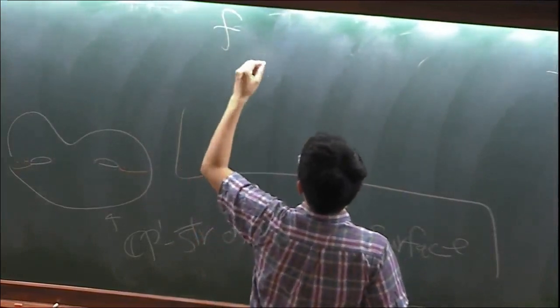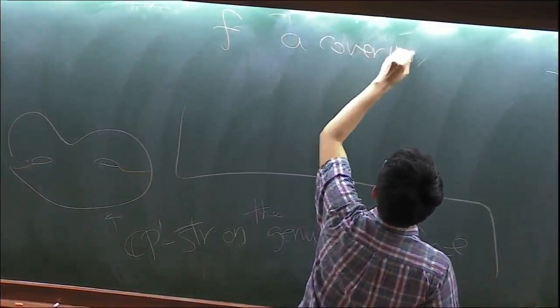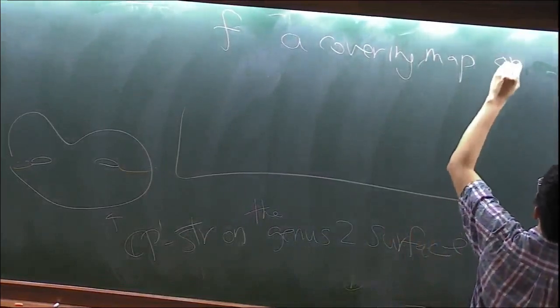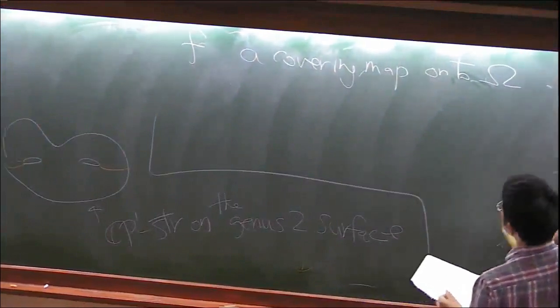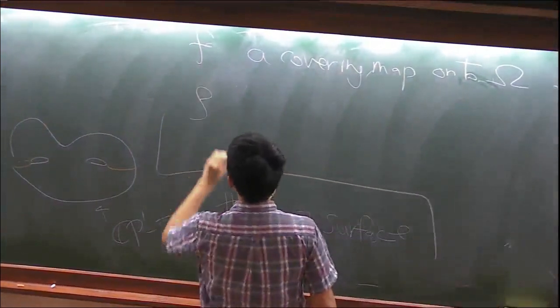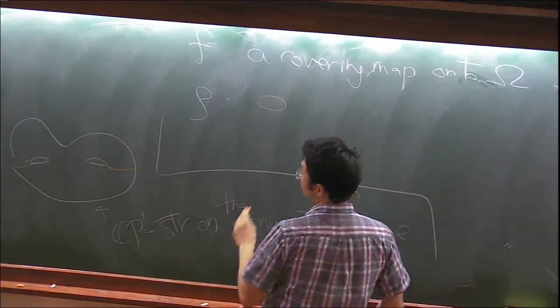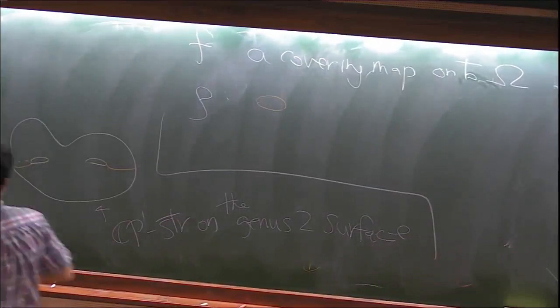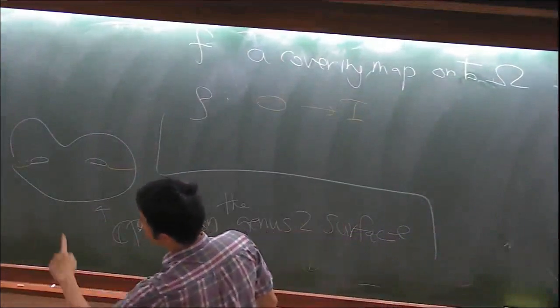And its developing map is a covering map onto the domain of discontinuity, the complement of the limit set. And the holonomy representation rho takes those orange loops, which correspond to the boundary components of those disks, to identity, as it's coming back to the same point.